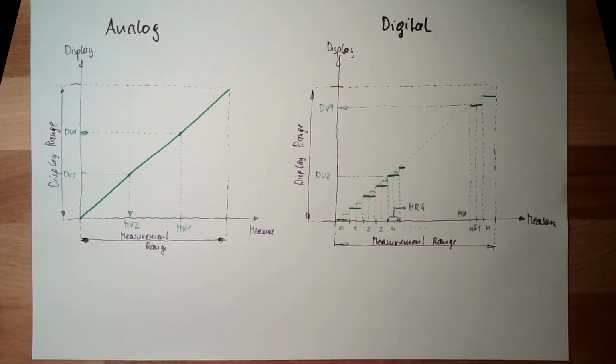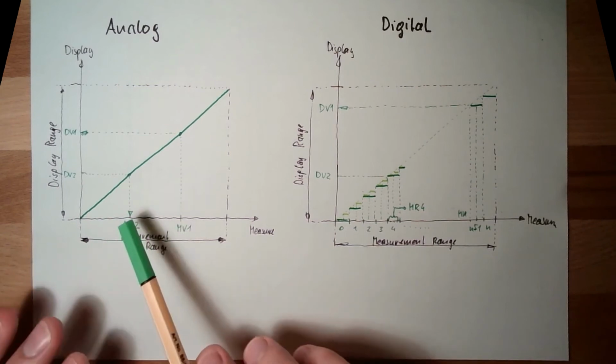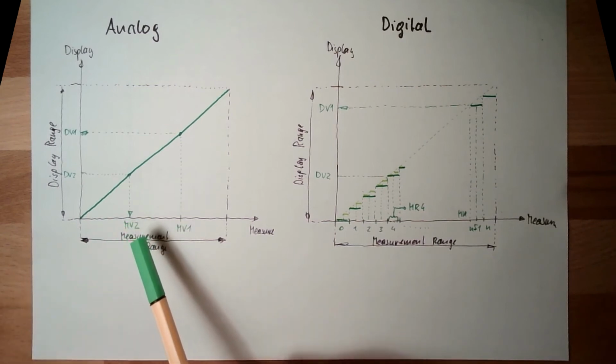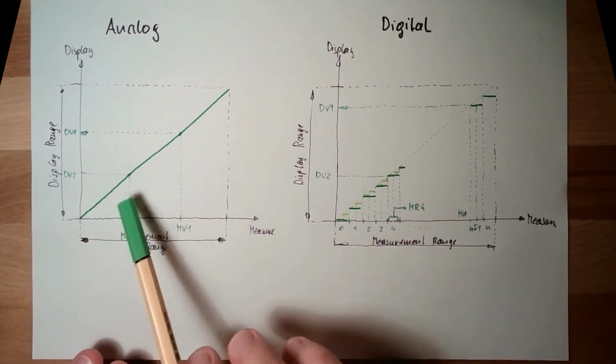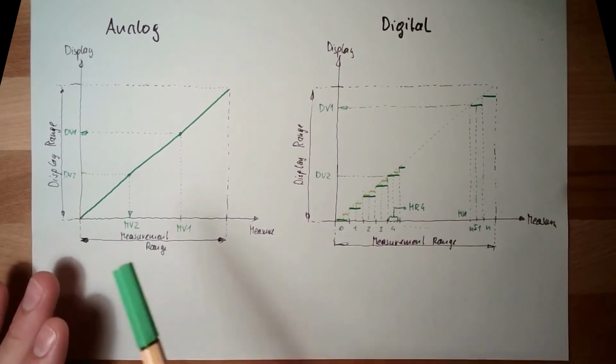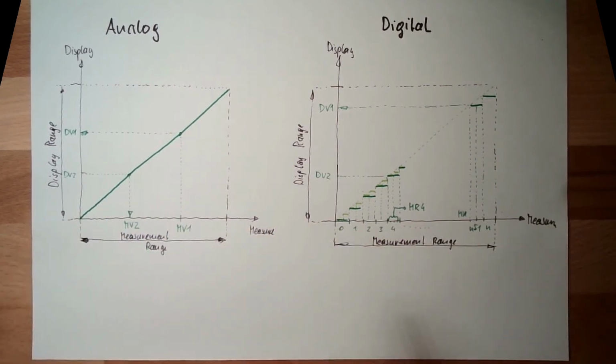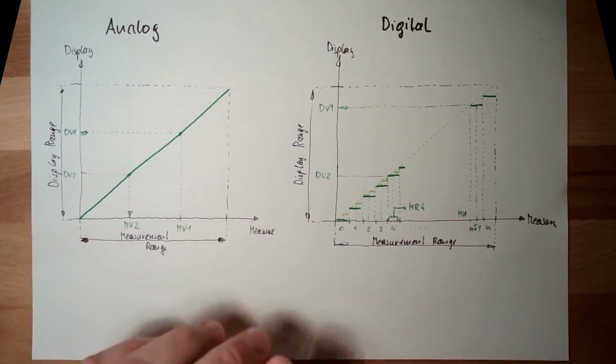In the analog world, the big advantage is that I have a bi-unique relationship between measurement and display. But that's only in theory, because in reality this line here is not a line.